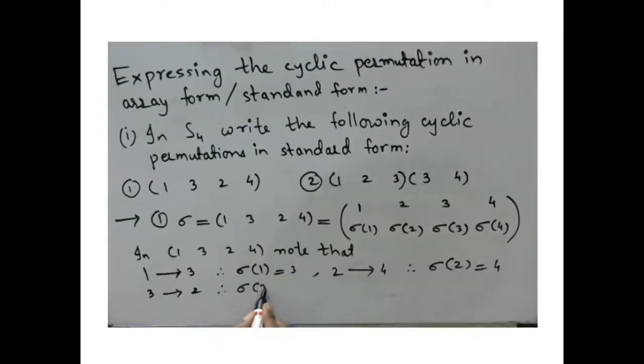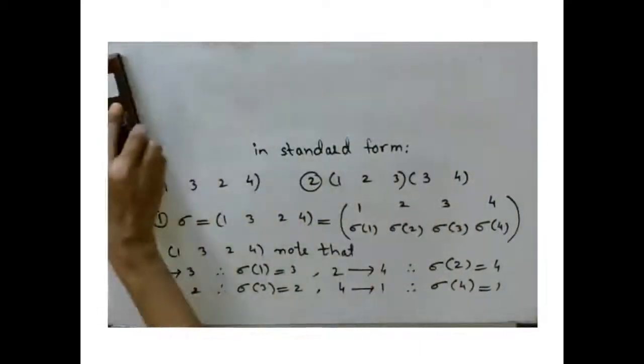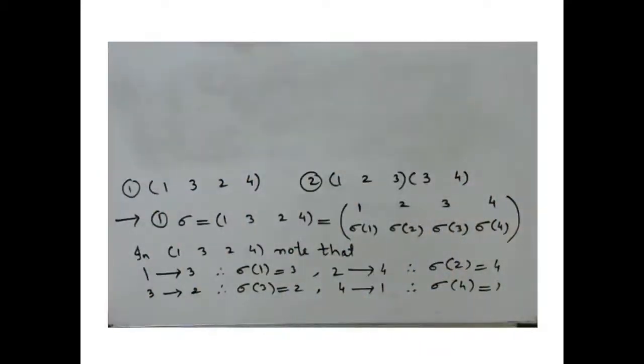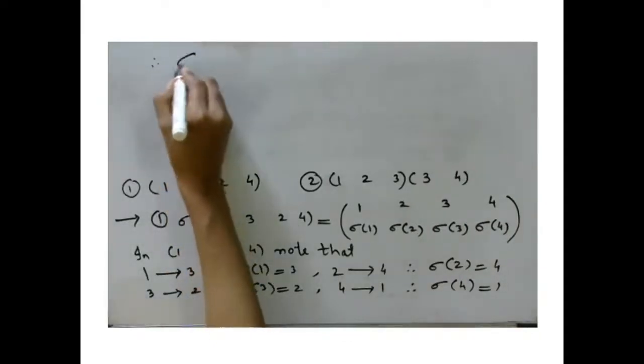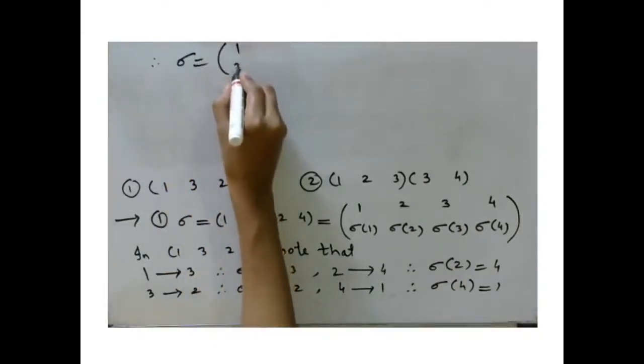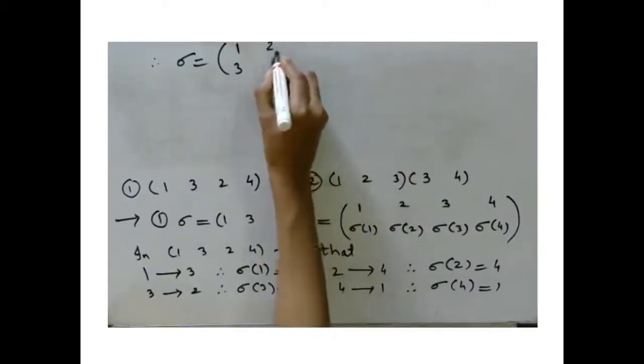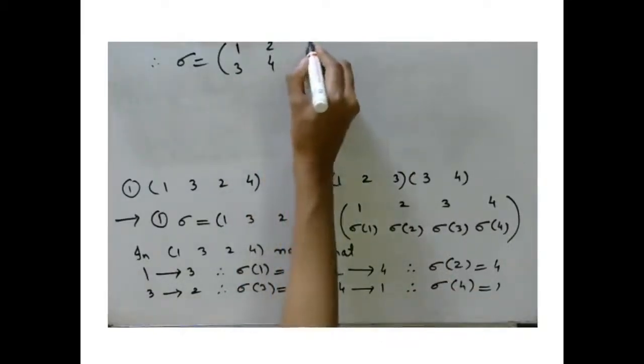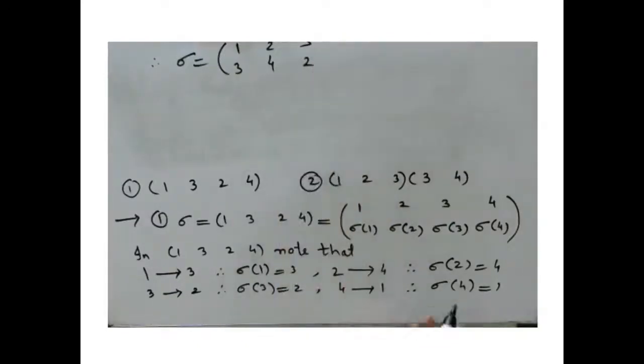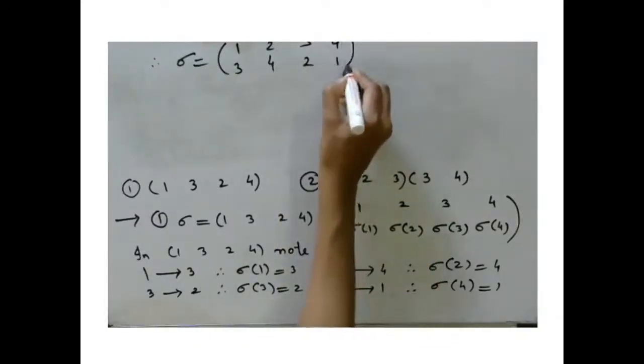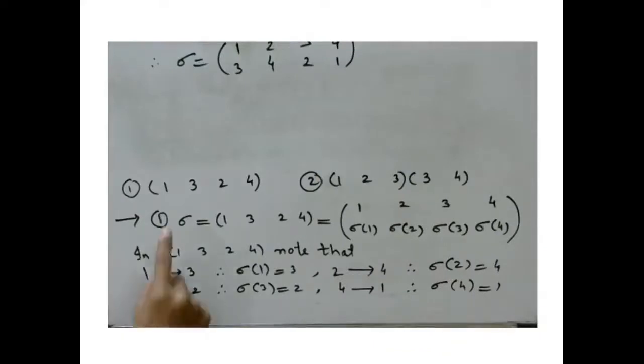Therefore sigma of 3 is 2. And finally 4 maps to 1. Therefore sigma of 4 is 1. So we have found all the images and therefore sigma will be 1 mapping to 3, 2 mapping to 4, 3 mapping to 2 and 4 mapping to 1. So this is the array notation of the given cycle.